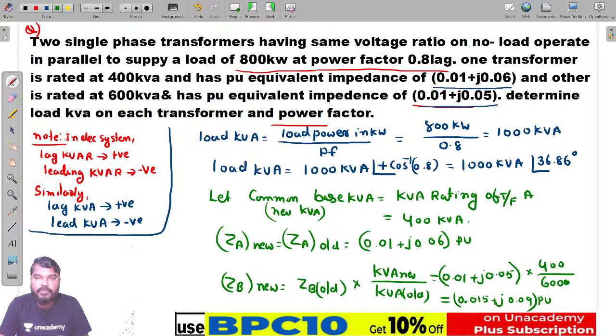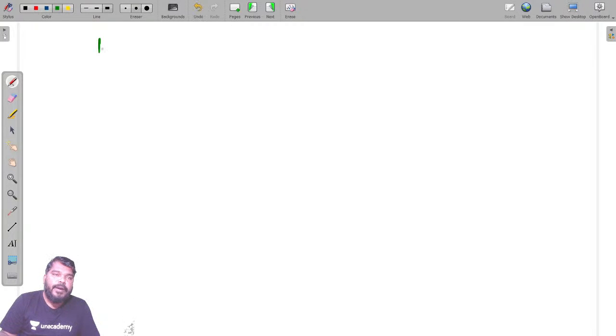Now find the load shared by transformer A. So how do we get the load shared by transformer A?